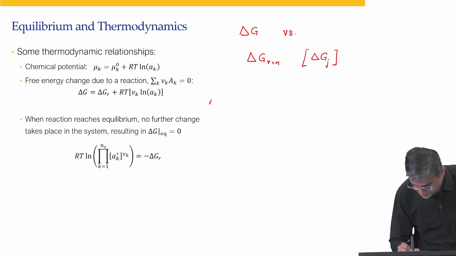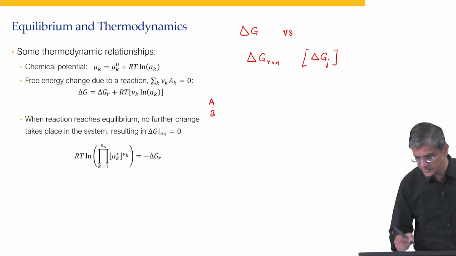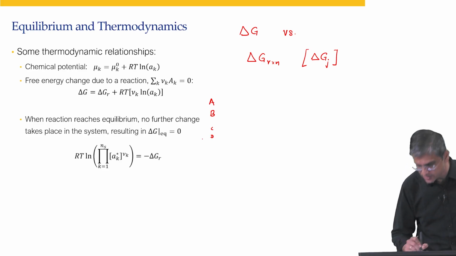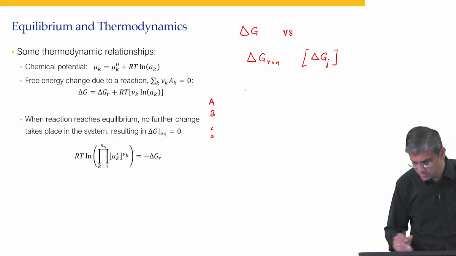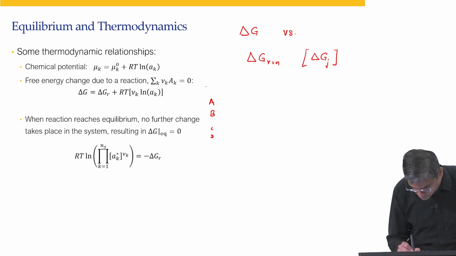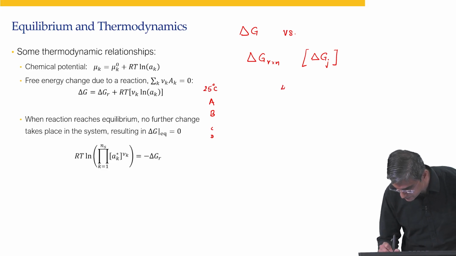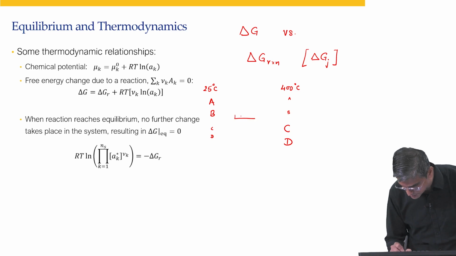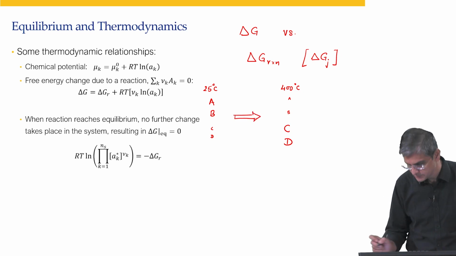So let us say we have A, B, and then small c and small d initially, and let us say this was at 25 degrees Celsius, and then we went to 400 degrees Celsius, and then we had small a, small b, large C, large D.